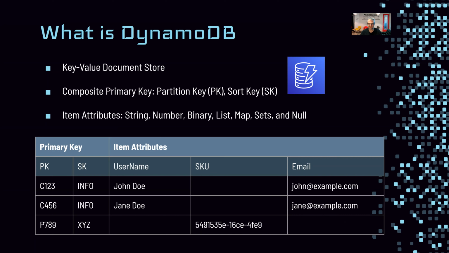There is no preset schema, it's schemaless, which means you can mix multiple different types of items inside the same table, which I attempted to represent here. So we have two rows that are customer or some kind of user information, and they have a username attribute and an email attribute. And then there's another row which just has a SKU with some kind of identifier, and they happily live next to each other.